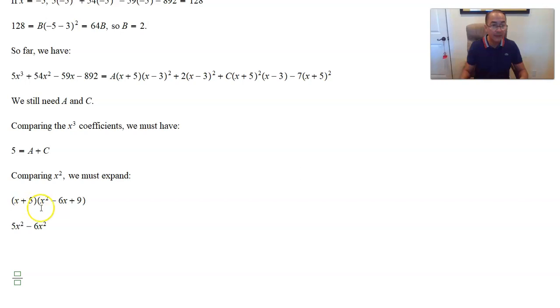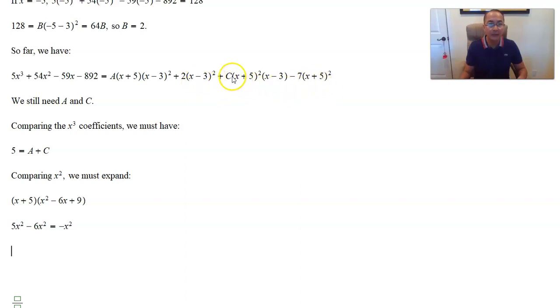You see it? 5x squared here minus 6x squared. No other combination of a term here and a term here will give you an x squared. So this is a minus x squared. Here you'll just get x squared. Here you'll also just get x squared.